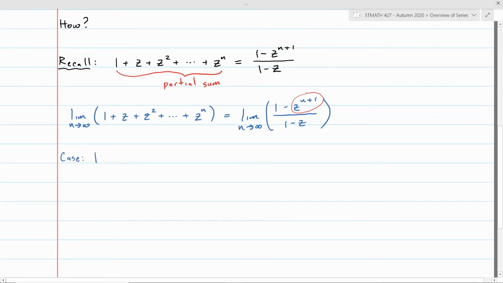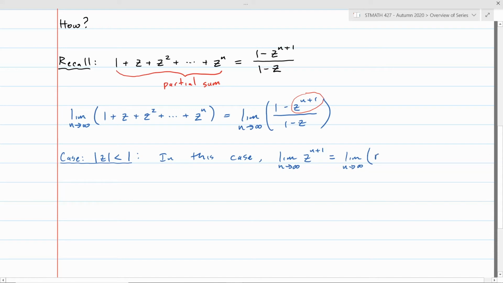We can consider the case that the modulus of z is less than 1. Well, in that case, when you take the limit as n goes to infinity of that z to the n plus 1, what you're really doing is taking the limit as n goes to infinity of some complex number. Maybe it's a little easier to see if you convert to exponential form.